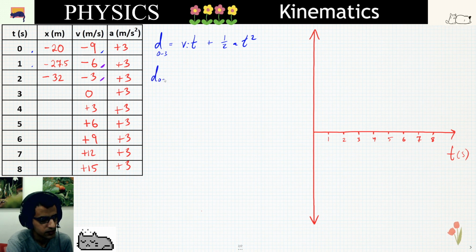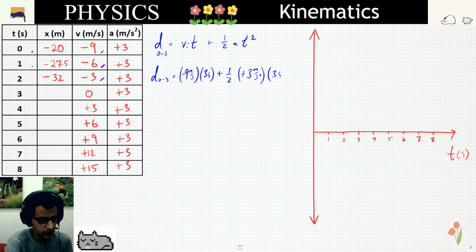So the displacement from 0 to 3 seconds will be equal to, because I'm starting from 0, my initial velocity will be negative 9. And the time interval here from 0 to 3 is 3 seconds, plus 1/2. The acceleration is a constant positive 3. And again, our time interval is 3 seconds. This is all squared. Now we have to do some math.